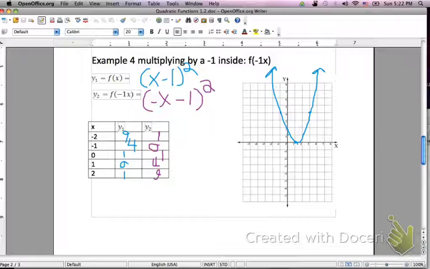At negative 2 we have 1. Negative 1 we have 0. 0 we have 1. 1 we have 4. And 2 we have 9. So it's going to look like that.